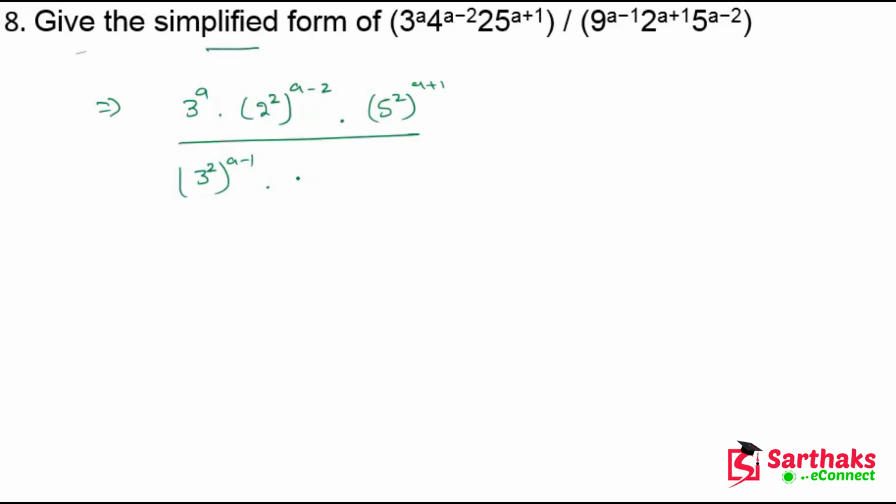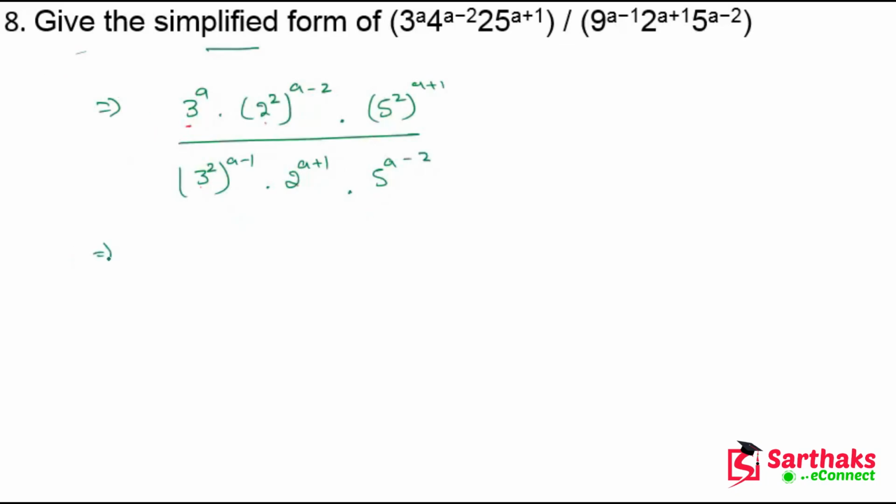Okay, into, it has 2 raised to power a plus 1 into, it has 5 raised to power a minus 2. Okay, now here you can see that 3 and 3 base is same, so power we can subtract this. Here again 2 and 2 base is same, and here we have 5 and 5.